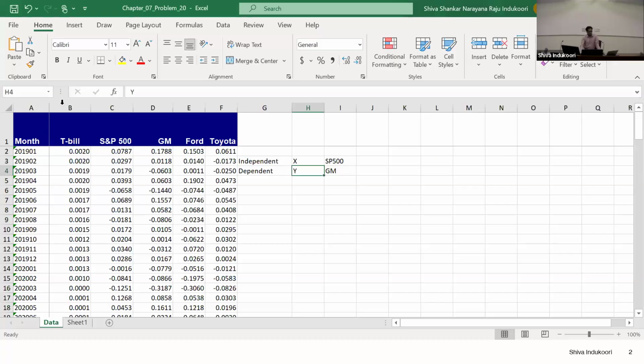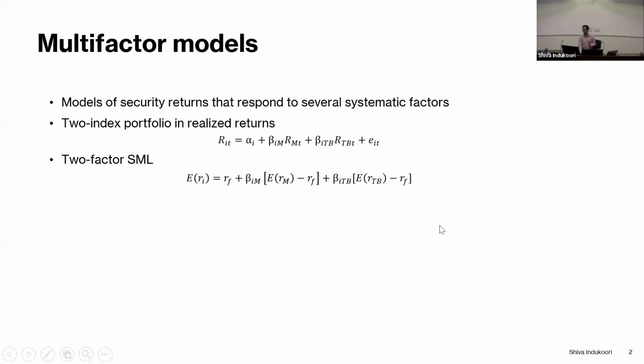A treasury bill rate, which is referred to as a risk-free rate, is not actually risk-free. It is also risky, and could be less than market return. So this point is discussed here. There is something called the two-factor SML, security market line.